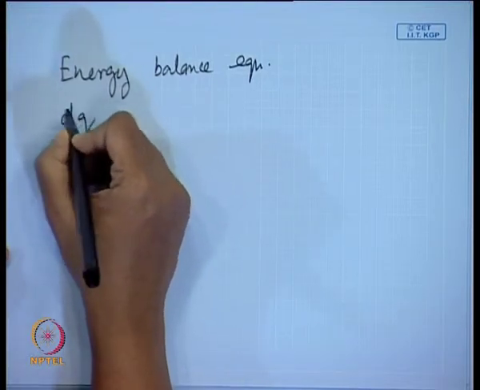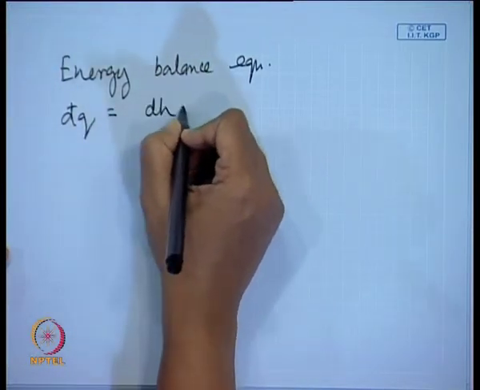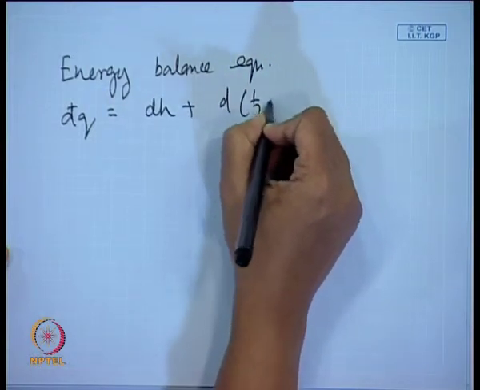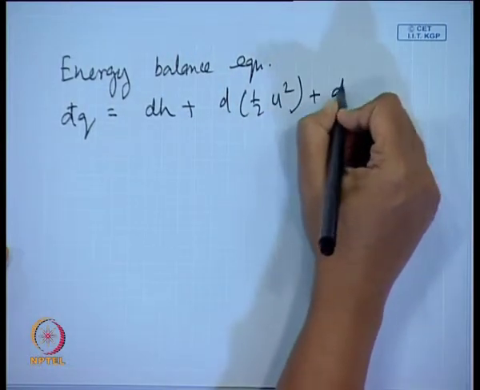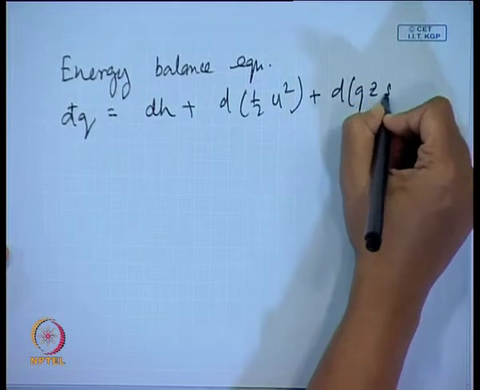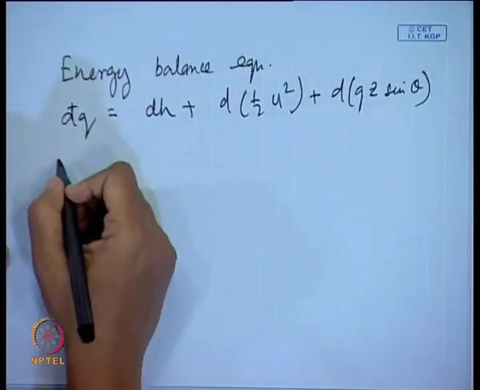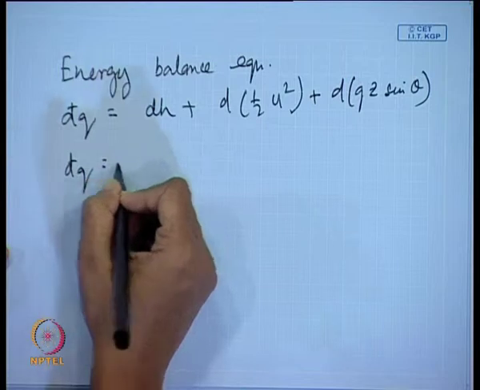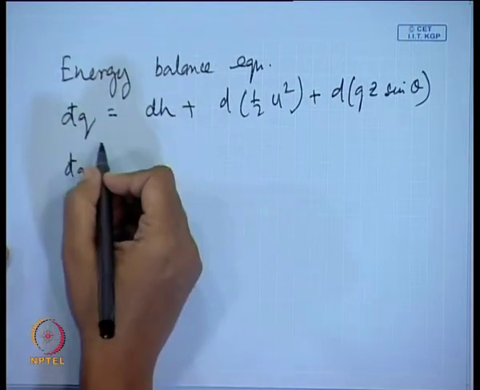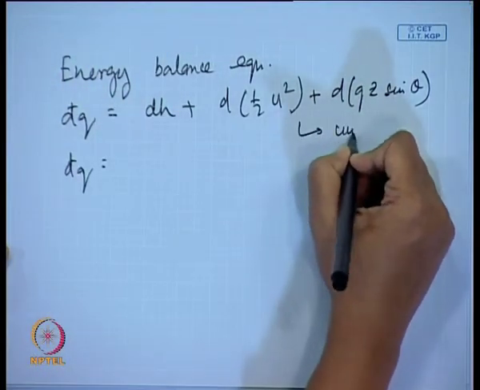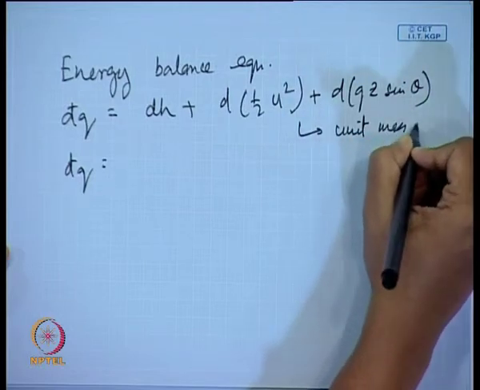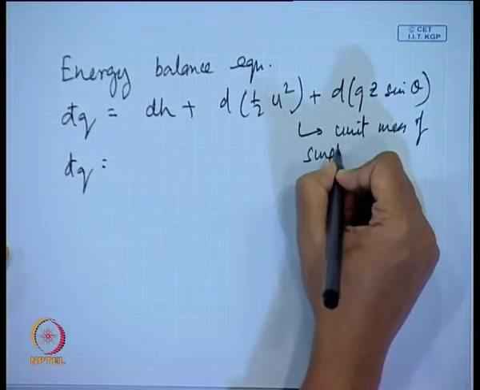same thing that we had done in that particular case, it was dq equal to dH plus d half u square. Just in the previous class we had defined it. This particular case also it is going to be dq. Suppose this was for unit mass of single phase flow.